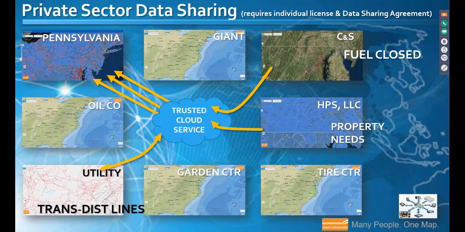So it's through the data sharing agreement, CNS decides who can see and who can't, right? That's right. Okay. And then in this case, obviously the utility, HPS LLC, and CNS have all agreed through the data agreement that PEMA, or Pennsylvania Emergency Management, is one of those organizations who have the ability to look at the information. Fantastic. Okay.